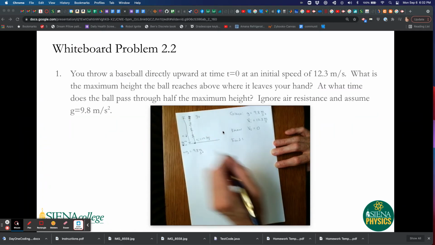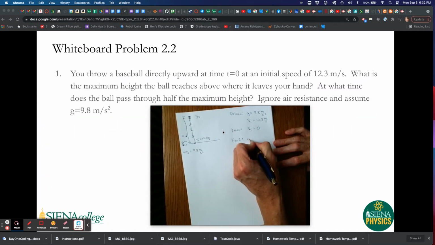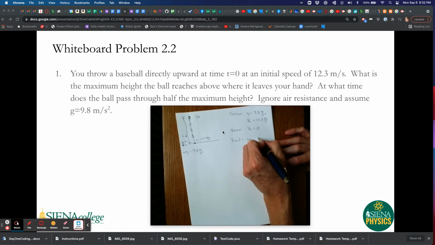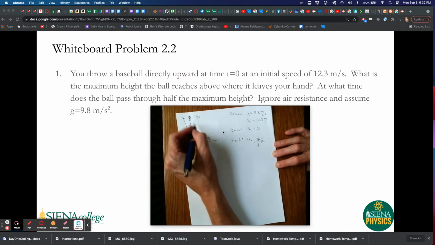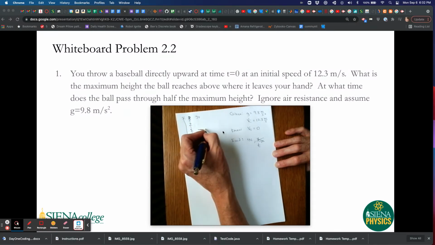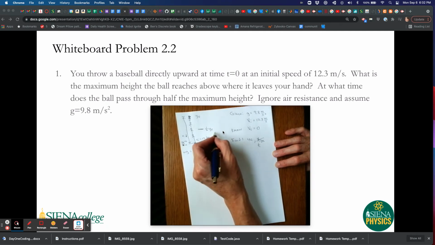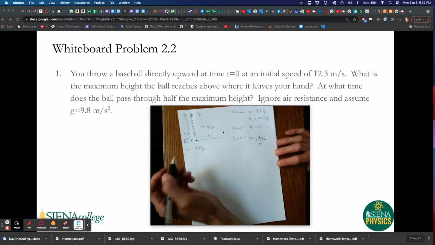So I want to find y final. And I also want to find the time t that is 1/2 of the final height. So t half, let's call it, or let's just call it t for now. So at half the value, say this spot is 1/2 y final, I want to know how long that takes.